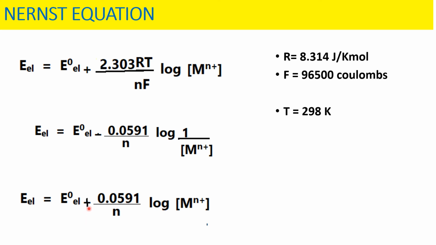So the Nernst equation is simplified in the form: the reduction potential of the electrode is equal to the standard reduction potential of the electrode plus 0.0591 by the number of electrons involved in the balanced equation for reduction times log molar concentration of metal ion.